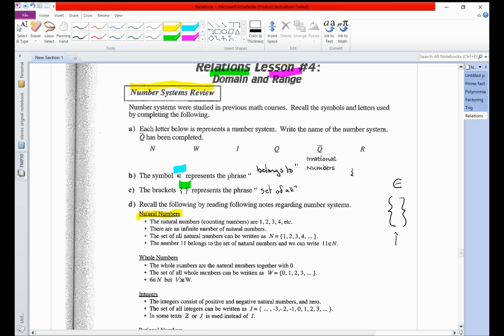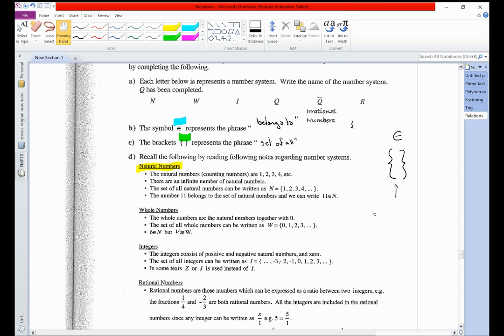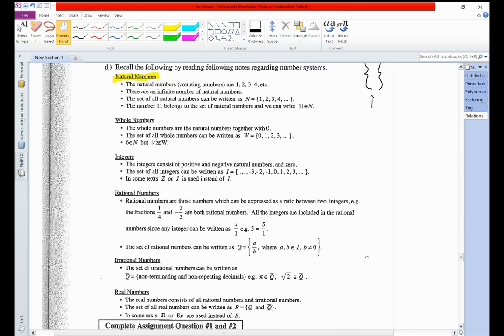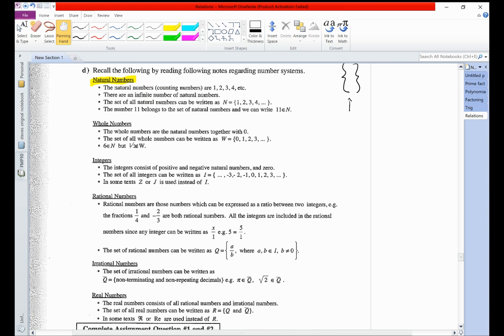The way it's always viewed, let me scroll up here so you can draw a picture, is we have natural numbers, and then the next one we have is whole numbers. Basically it's all natural numbers with 0.